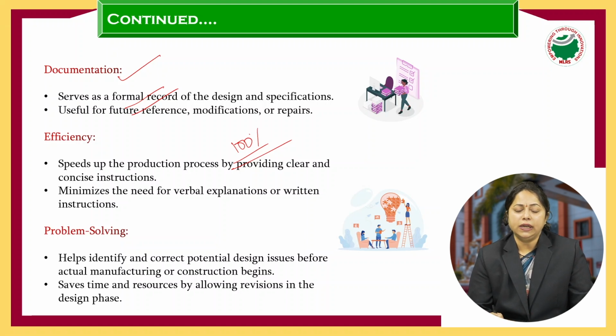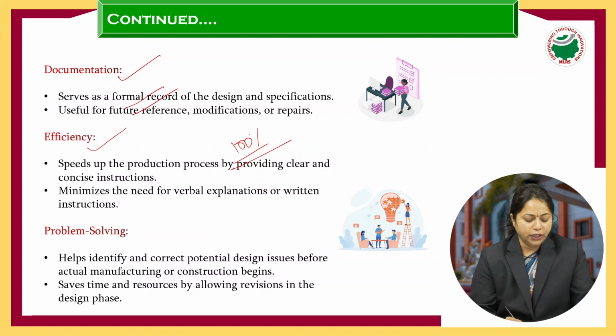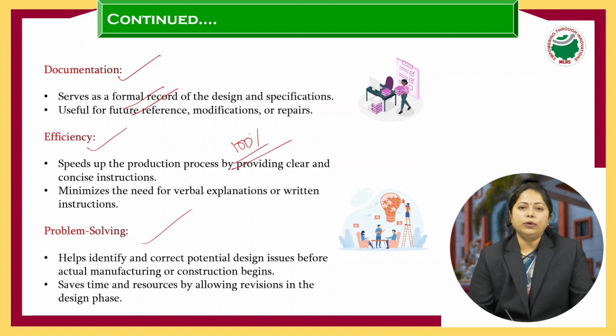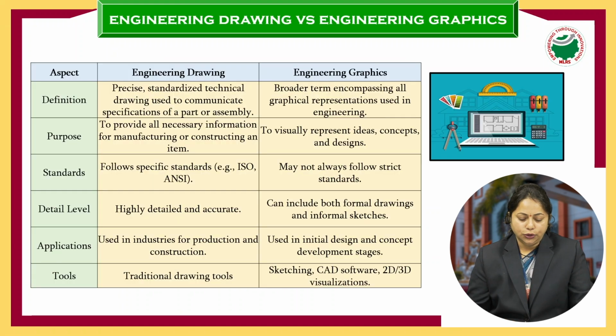It is quite crystal clear. Therefore, 100% efficiency is possible, and that is one of the objectives of engineering drawing. And any kind of problem can be quickly solved, within very little time. So this is also one of the important objectives of engineering drawing.